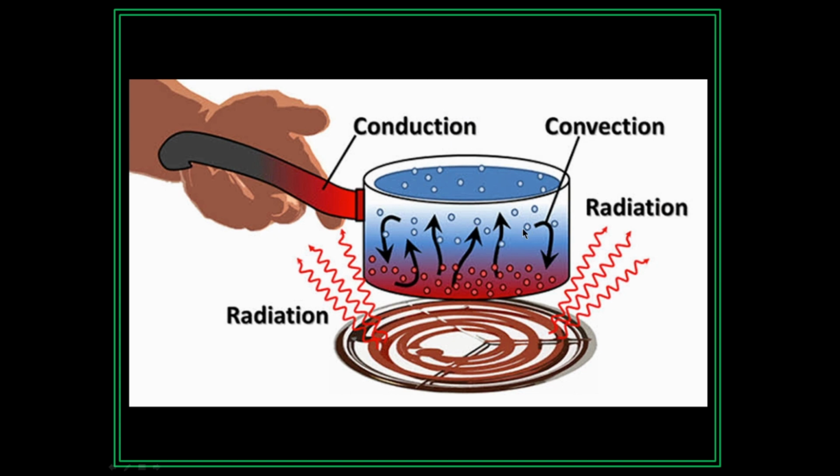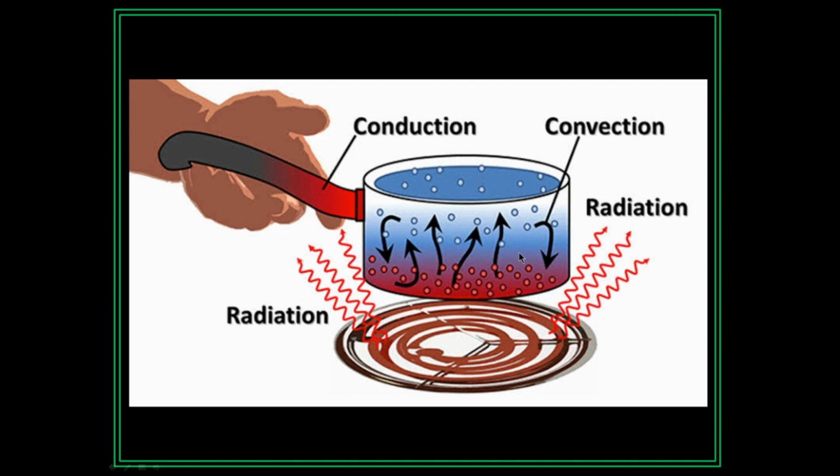And this figure here shows the whole concept of this video. You can see here the coil is there, and it is radiating energy. Then it touches the vessel, and the vessel gets heated. It is due to the radiation, and as the vessel gets heated, the handle also gets heated because it is in contact with it.